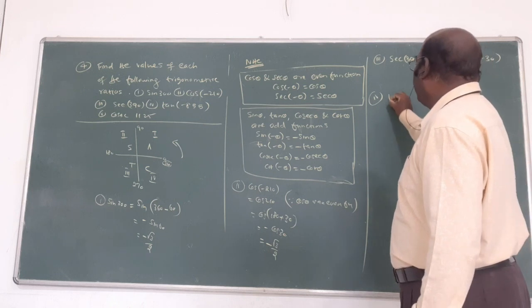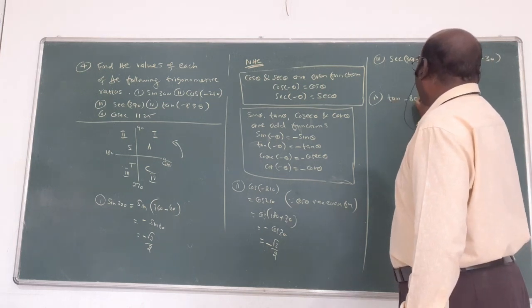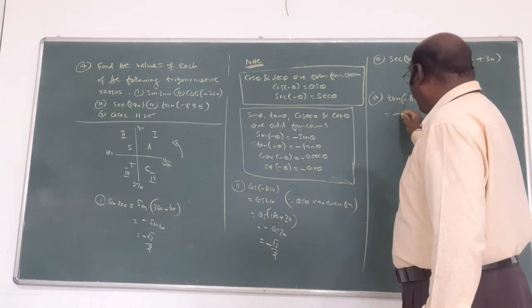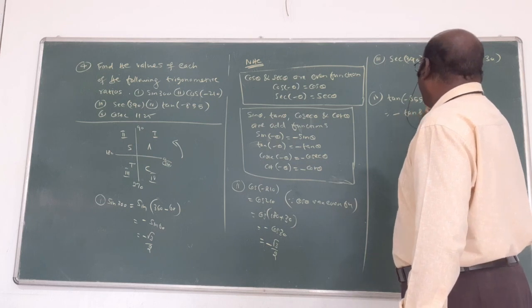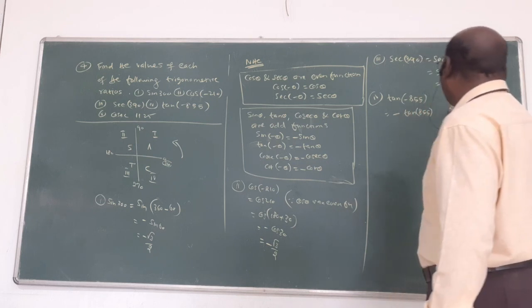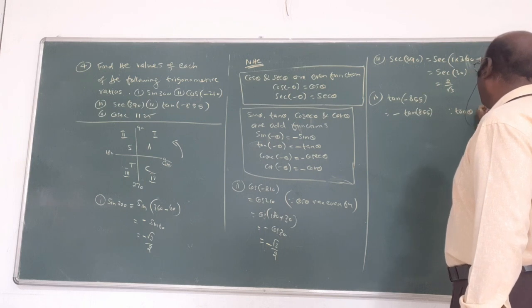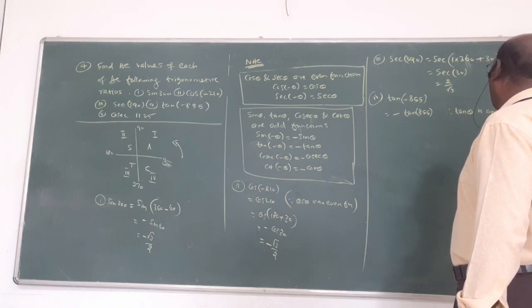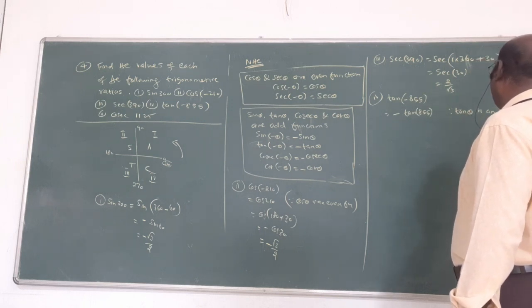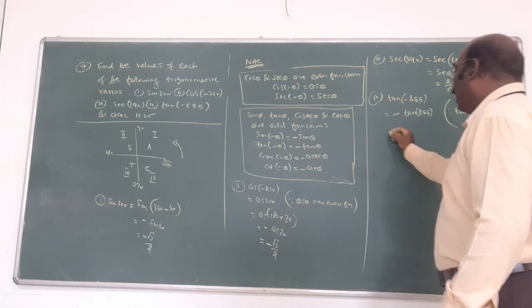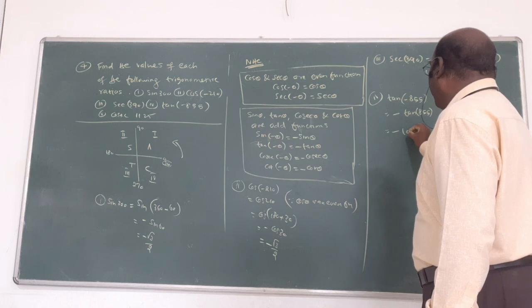Fourth one: tan of minus 855. This becomes minus tan of 855. What is the reason? Since tan theta is an odd function, this is the formula. Now write minus tan.